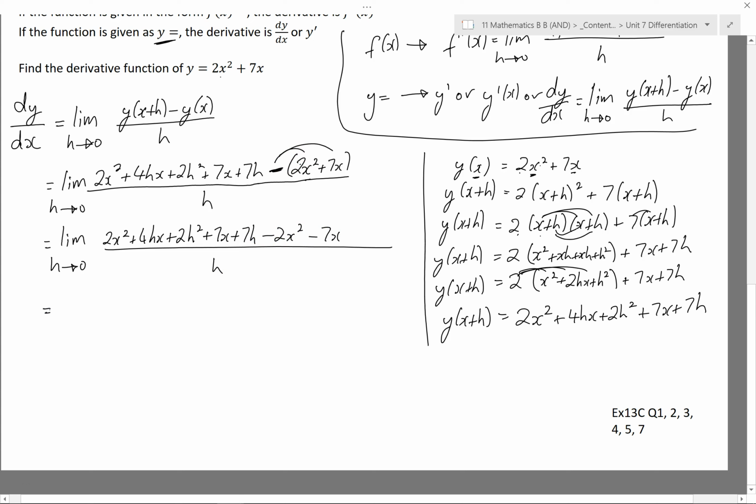I'm going to look for terms that can possibly cancel. This 2x squared has a buddy over here, minus 2x squared. This 7x has a buddy here, minus 7x. And the other ones don't look common. I'll just write whatever ones are left over.